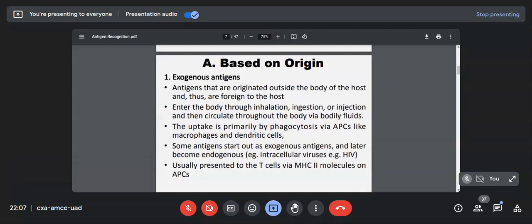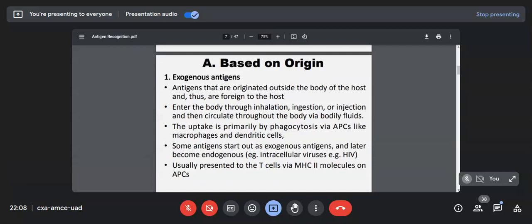So the first type of antigen classification we'll focus on tonight is antigen names with regards to origin. What do we mean by origin? Origin is just the beginning. In other words, antigen nomenclature based on where it comes from. Take note of that.